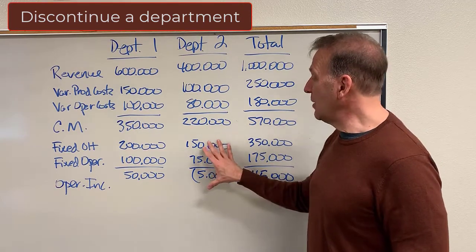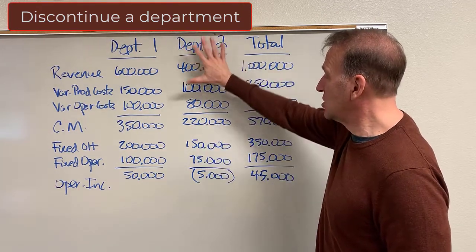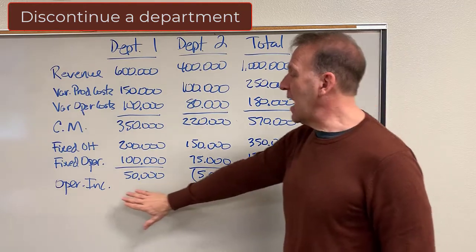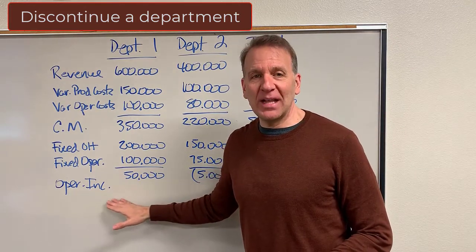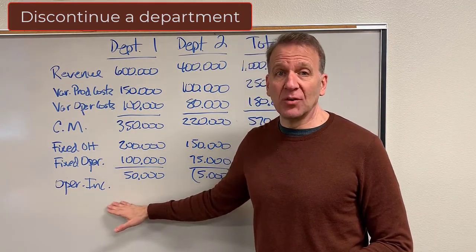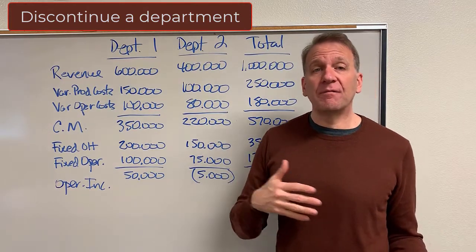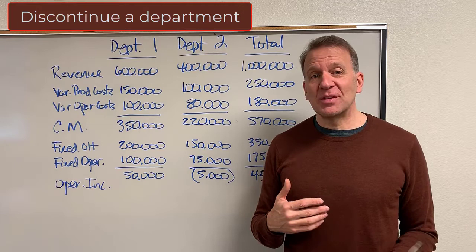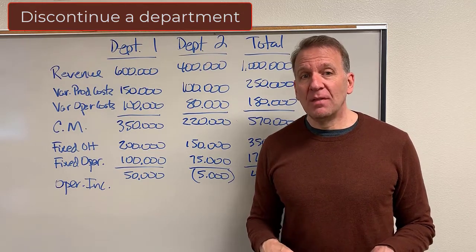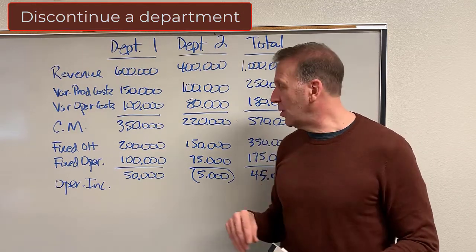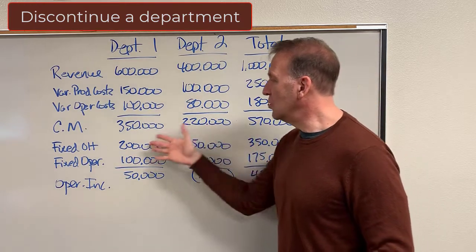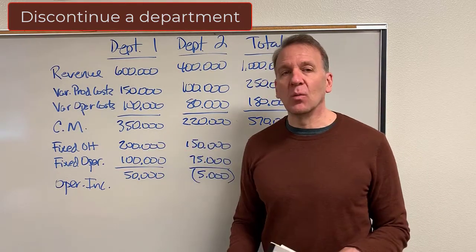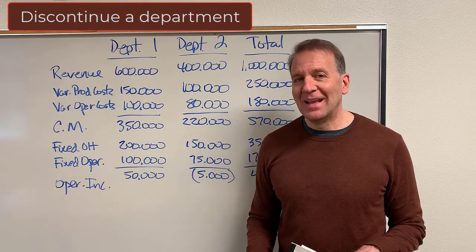And if they were avoidable, then they'd be relevant cost information and all of this would disappear, and we would have an operating income of $50,000. So it just depends whether the fixed costs are avoidable or unavoidable. Like I told you at the very beginning, in the first example they were unavoidable, so they would move over into Department 1.